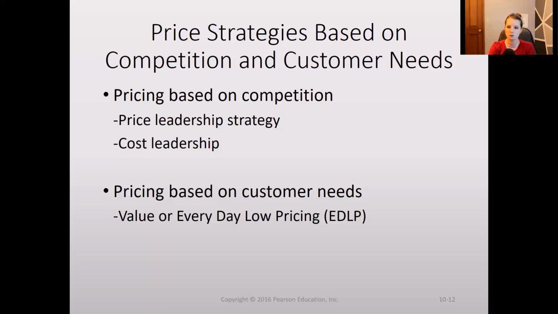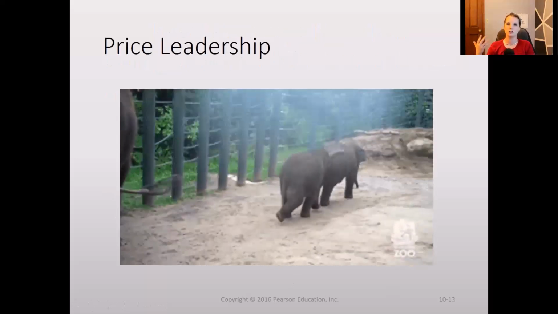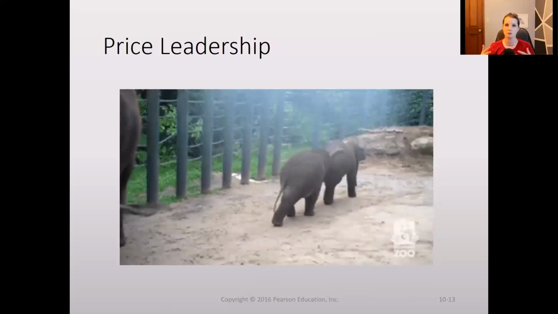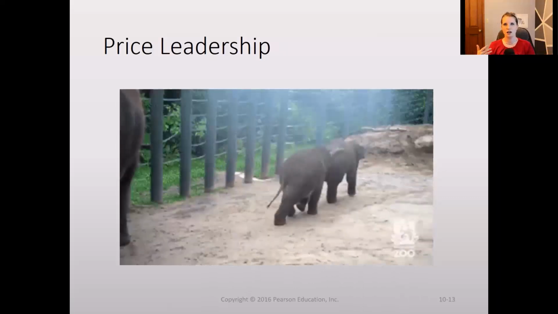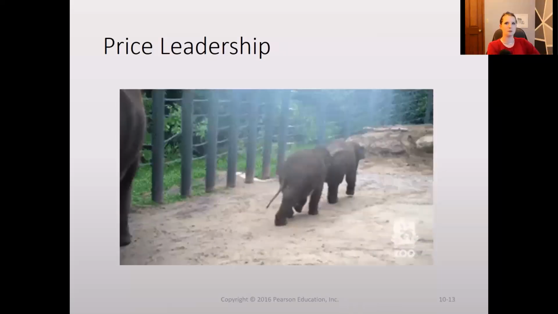Now, price leadership strategy, this is kind of the opposite, where we have one company that changes their prices, maybe increases their prices, and then the rest of the competitors sort of follow. We kind of see this in the airline industry, even though they have dynamic pricing, which is what we're going to talk about in a few minutes.